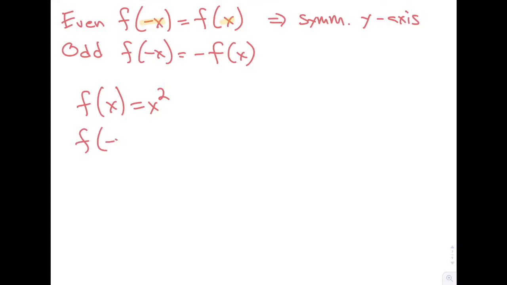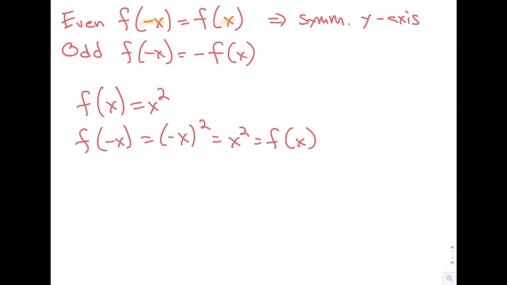If we plug in negative x, we get negative x quantity squared, which equals x squared, and that equals f of x. So that's how you would prove that it's even versus odd. If we happened to get negative x squared, then it would be odd, but that wouldn't happen.